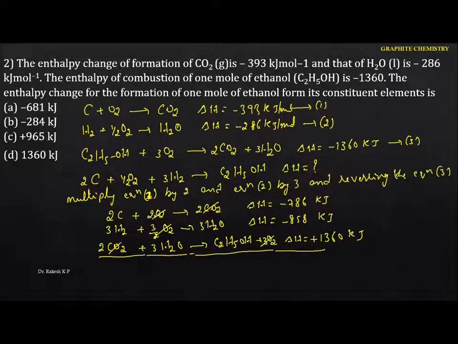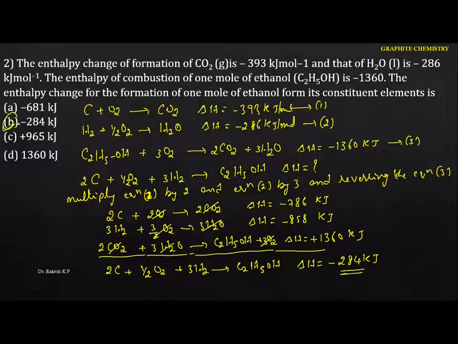The remaining will be the half. Next is the water, 3H2O and 3H2O. Now the remaining here is 2C plus half O2 plus 3H2, which gives you C2H5OH. Now we have to identify the delta H value, so we are going to add these, and finally we got minus 284 kilojoules. Hence in this case the option is B.